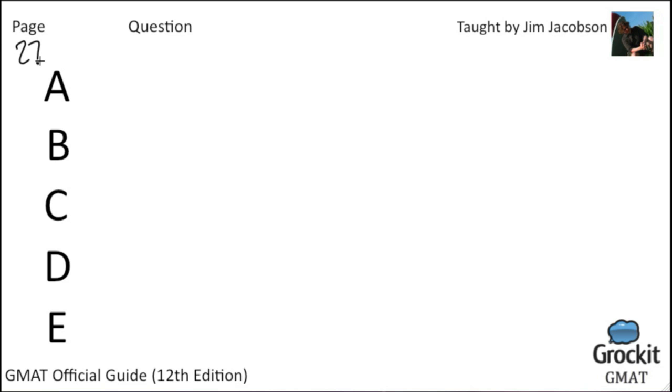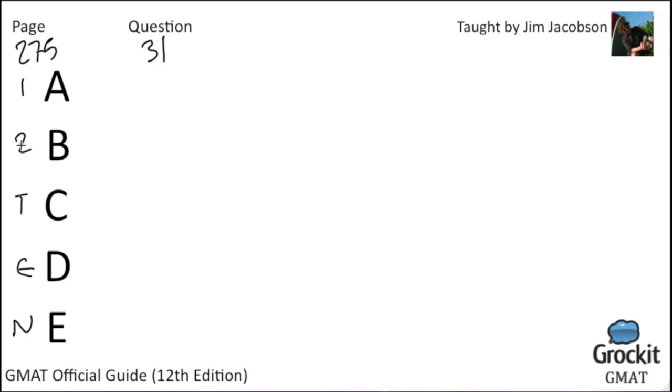Question number 31. As is the case with the data sufficiency section, I like to write down the side of your screen what each of the answer choices represents in shorthand. A is that statement 1 is sufficient on its own and statement 2 is insufficient.